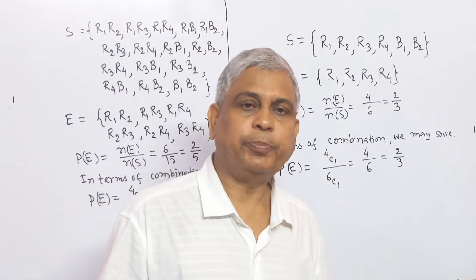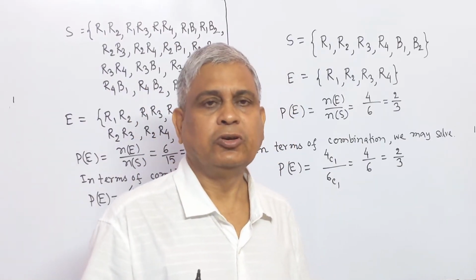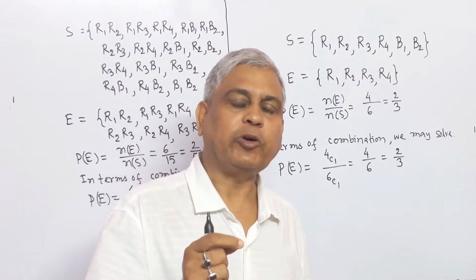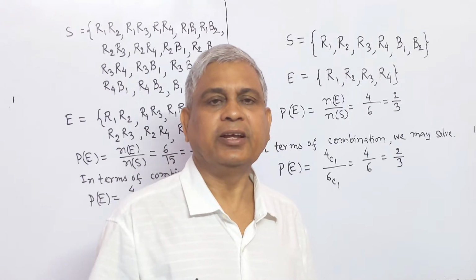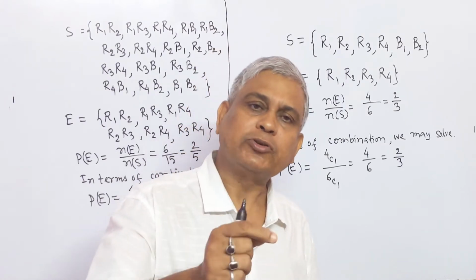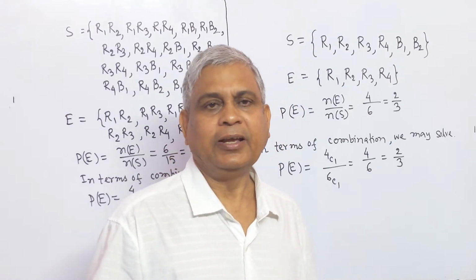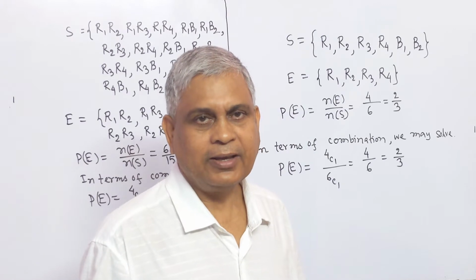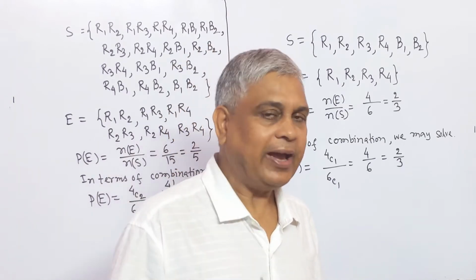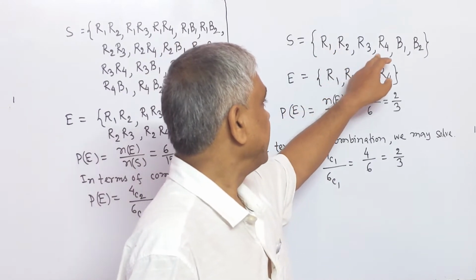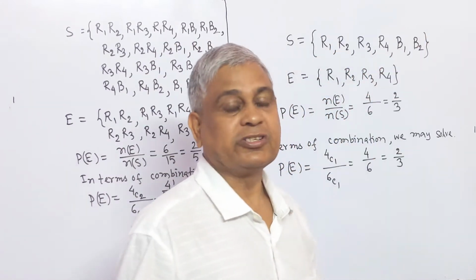With the help of examples, we will show how the concept of combination is used for the solution of problems of probability. We have a bag, and in the bag we have 4 red balls and 2 black balls.